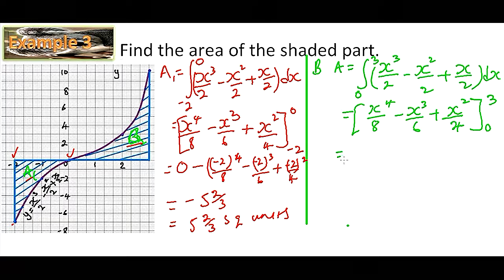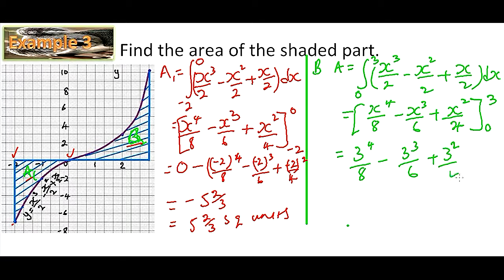So when you substitute, you get area is equal to 3 to the power 4 divided by 8 minus 3 cubed divided by 6 plus 3 squared divided by 4, close a bracket.